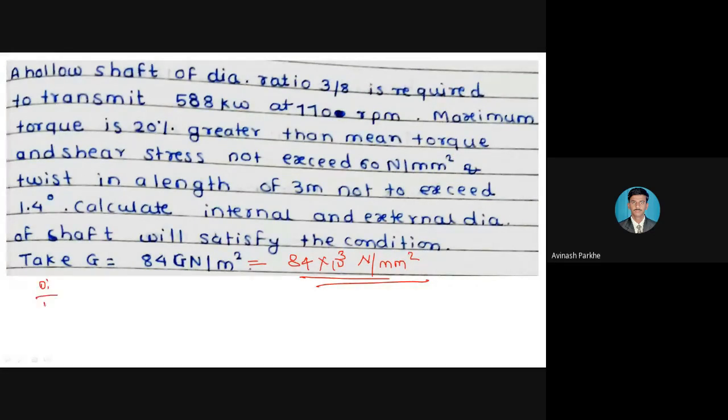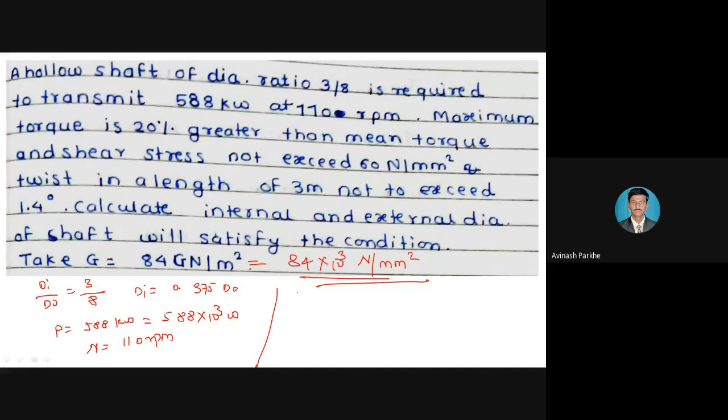So DI upon DO is equal to 3 by 8, means DI is equal to 0.375 into DO. P is equal to 588 kilowatt, which is 588 into 10 raised to 3 watt. N is given 110 RPM.